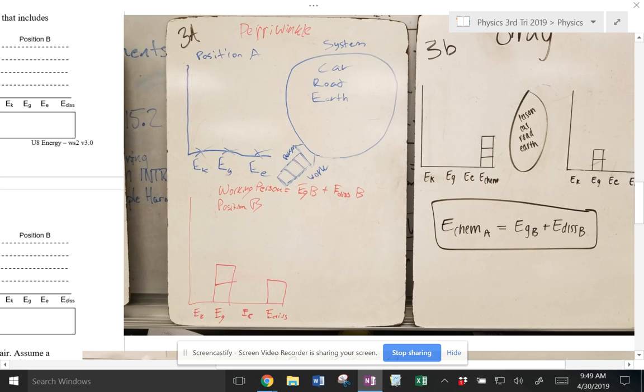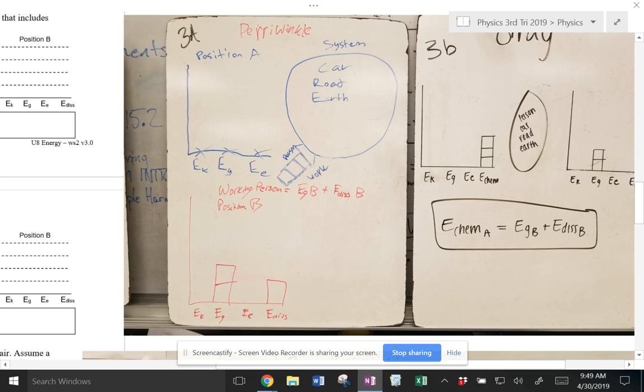All right, Zach's going on here. Okay, so the problem says that a person is pushing the cart up the hill with a parking brake on, and we're supposed to assume that the system consists of the car, the road, and the earth. So there is no spring pushing the car, and it is at its lowest position, so there is no gravitational energy, and then there is no motion.